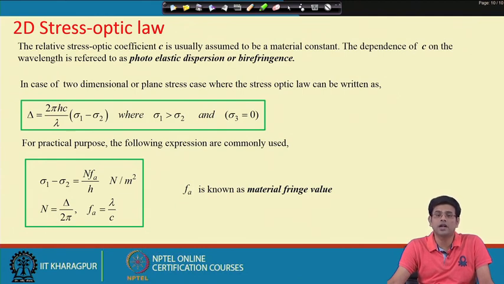That means the refractive indices are the same in all directions, and when it is stressed, the refractive indices are different in different directions. This property is exploited for finding the difference between principal stresses when the photoelastic body is stressed, and this is known as Maxwell's law.